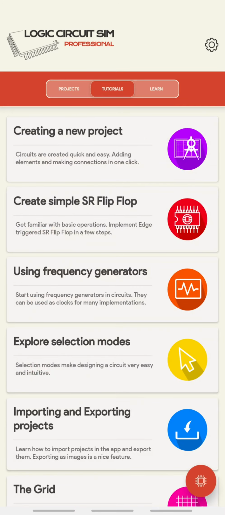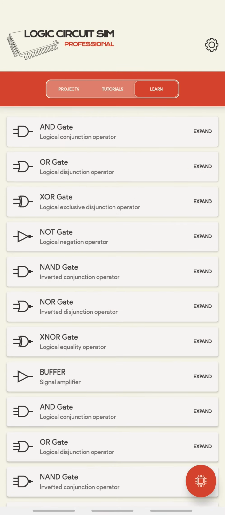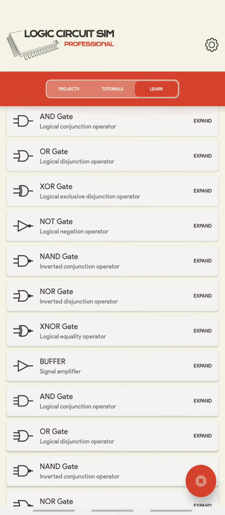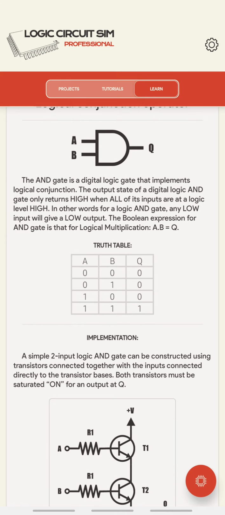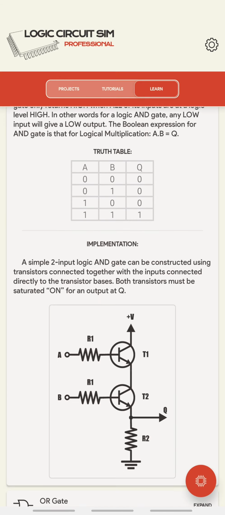tutorials, and learn. This learn option is very interesting. If I want to learn anything about a gate, consider I want to study the AND gate, basic information about the AND gate is given here.